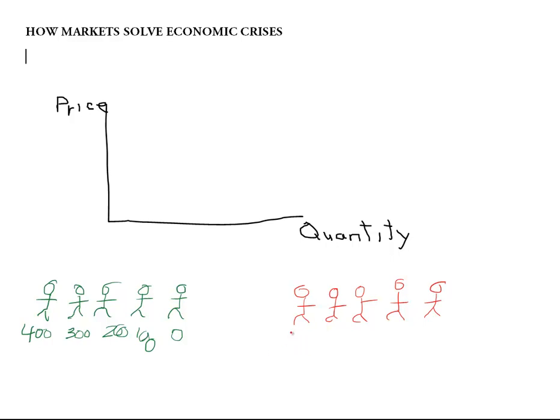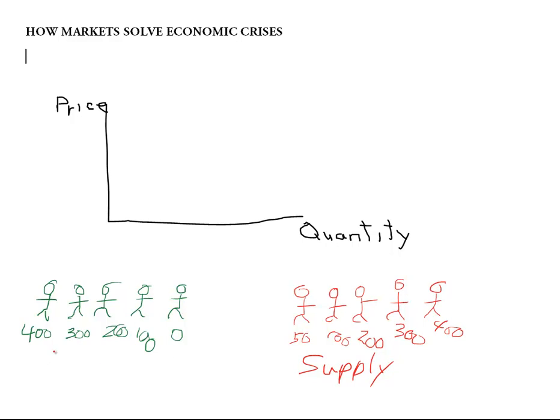So let's say they need something to produce it. Here's 50. He's willing to produce it for as little as $100, 200, 300, and 400. I could have said 0 for this person. Some people are willing to produce products for nothing. Not the norm, I think, but I'm going to put $50 for him anyway. Here's our suppliers or sellers.